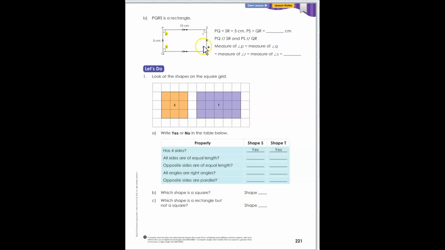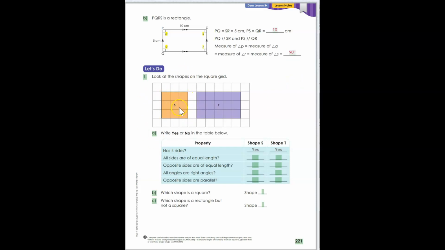Those little squares tell us it's all 90 degrees. Remember, we've got 10 centimeters up there and 90 degrees there. Happy days. So hopefully it's not too difficult.